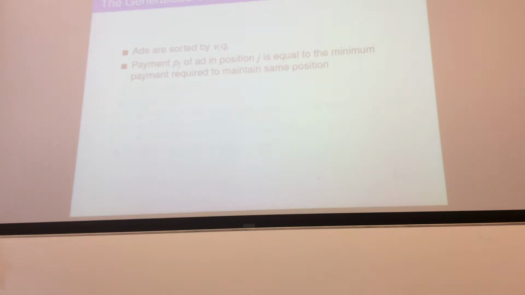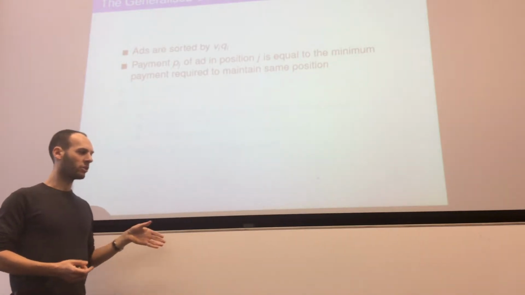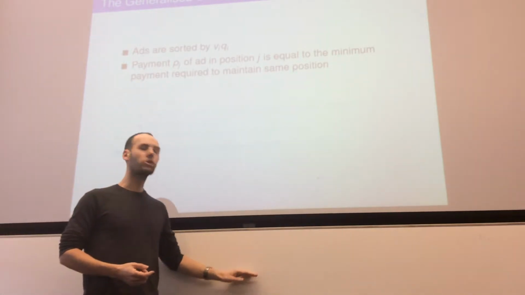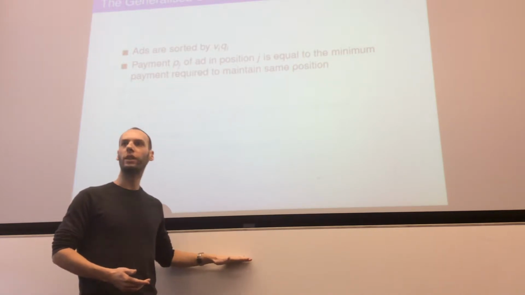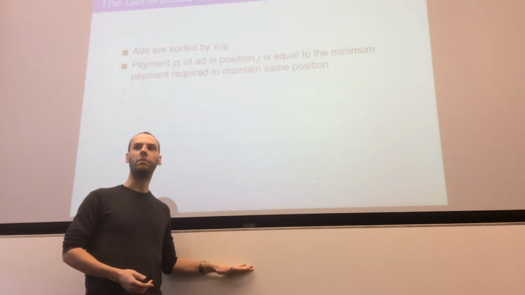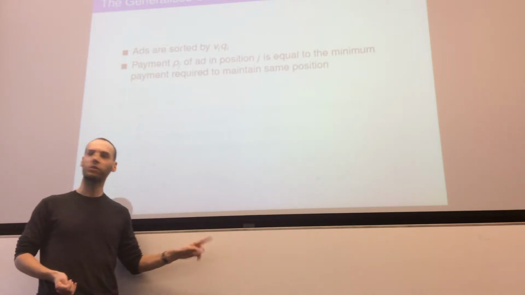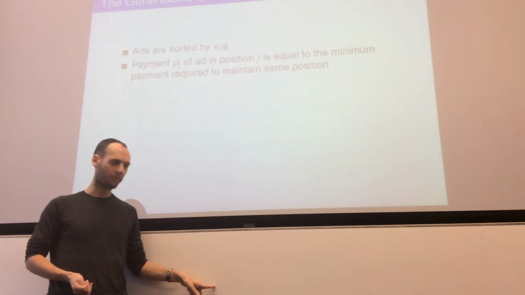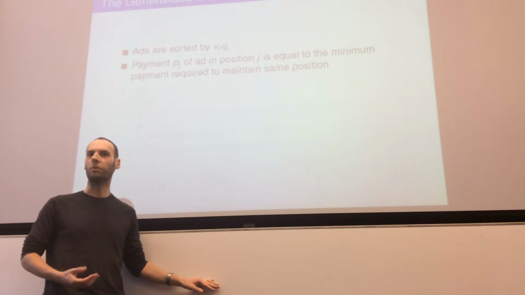What they say is, if you remember the Vickrey auction, one way to interpret the Vickrey auction, or the second price auction, is to ask what the minimum amount is that I need to pay in order to still win the item. So if my value is 100, but the second highest bid is 60, the minimum I need to bid in order to win the item is 60 plus this bid increment.